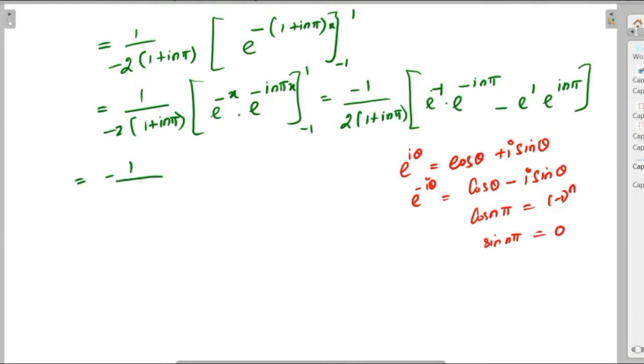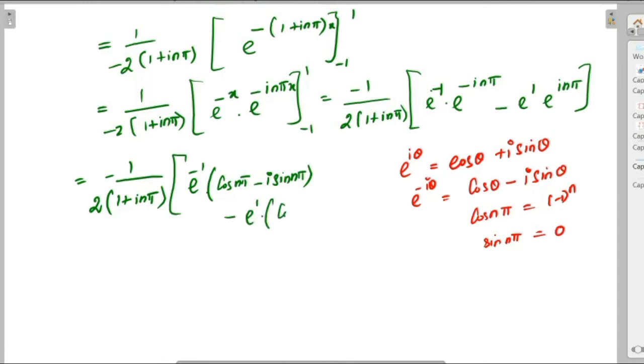So minus 1 by 2 into 1 plus i n pi into e power minus 1 into cos n pi minus i sin n pi, minus e power 1 into cos n pi plus i sin n pi.